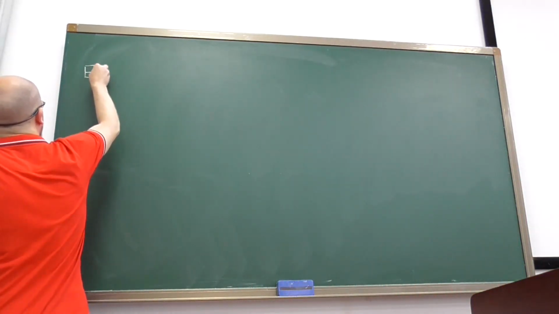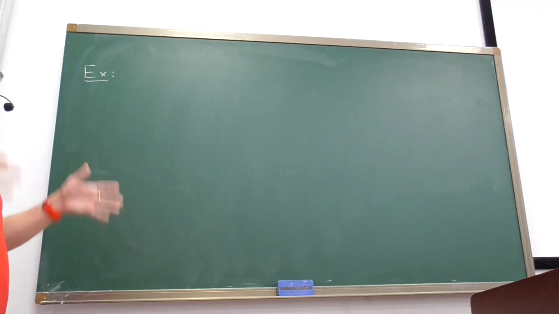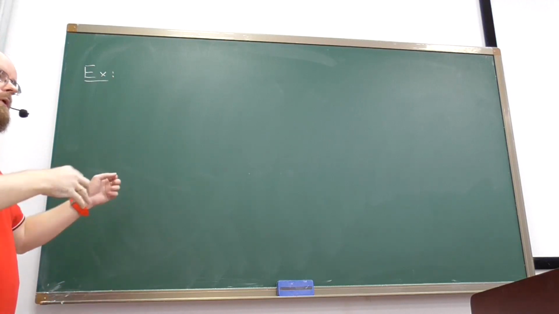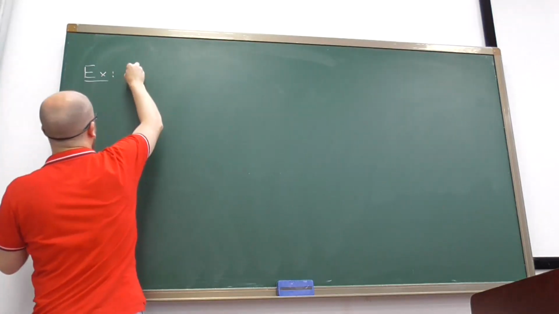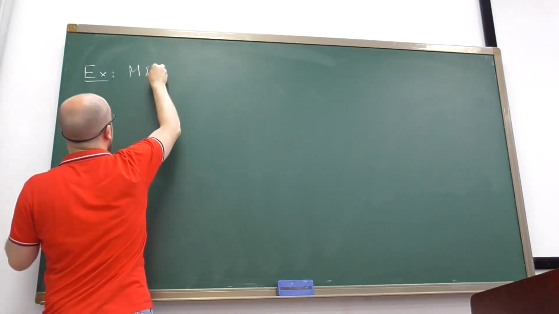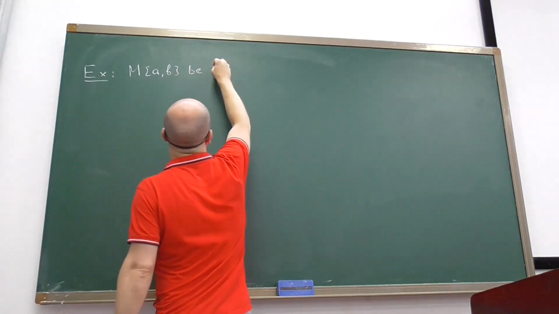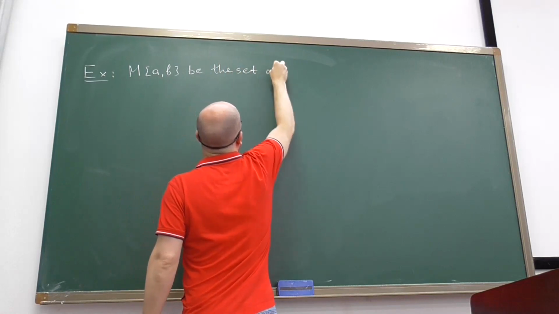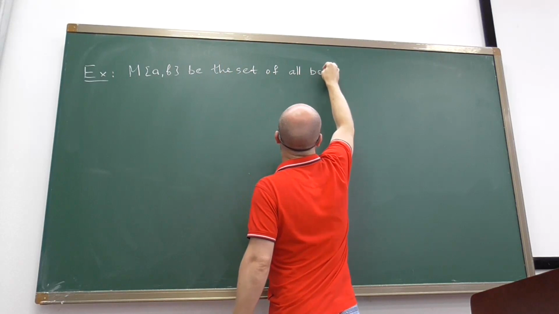Another example will be again on the set of functions on a given interval [a, b], but now we will drop the conditions of continuity. Let M[a, b] be the set of all bounded functions.